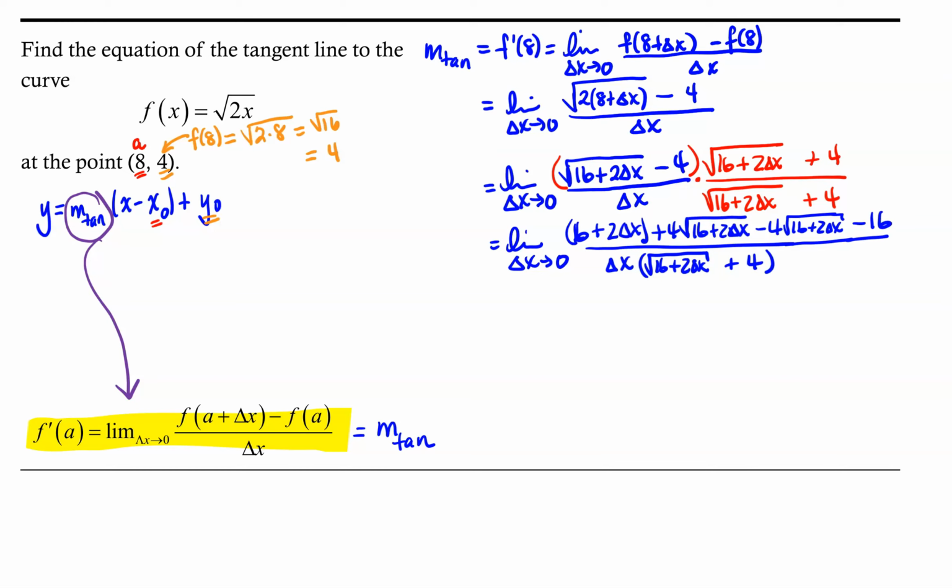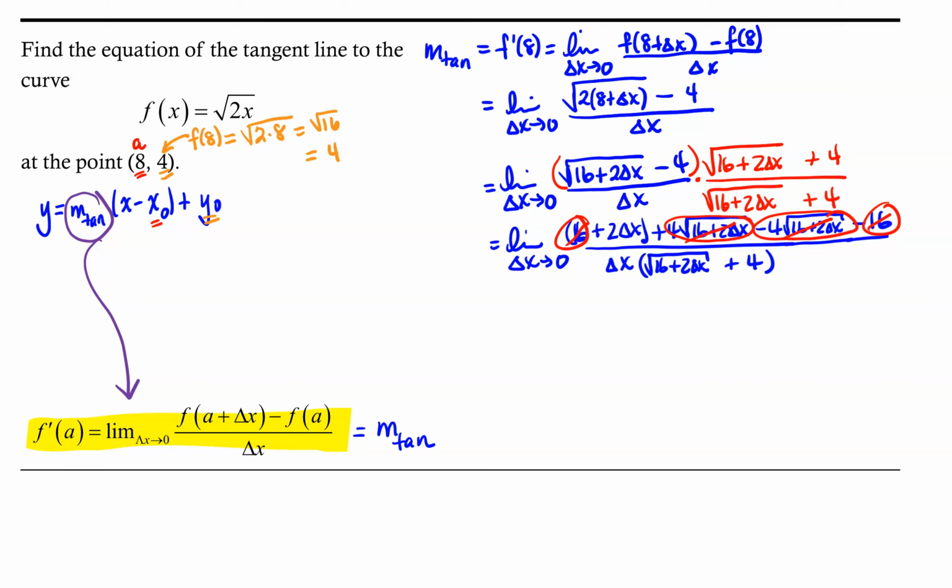Now, looking to simplify within our numerator, I've got a 16 plus stuff and then this minus 16, so these two 16s will sum to 0. I've got a plus 4 square root of 16 plus 2 delta x and a minus 4 times the square root of 16 plus 2 delta x, so those two terms will subtract out to 0.